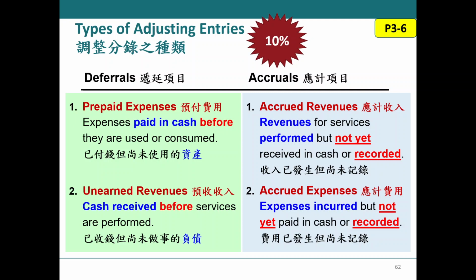After we've done the whole process in chapter 3, you will understand how each company comes up with its financial statements. So there are two things we want to do today. Any questions?